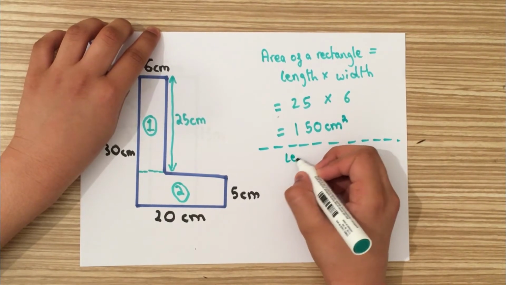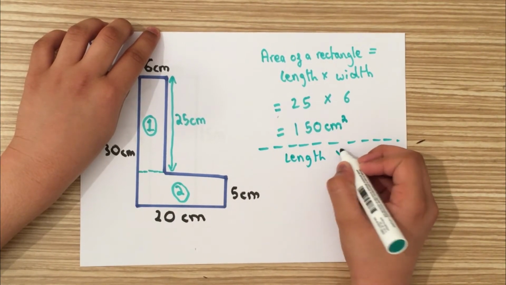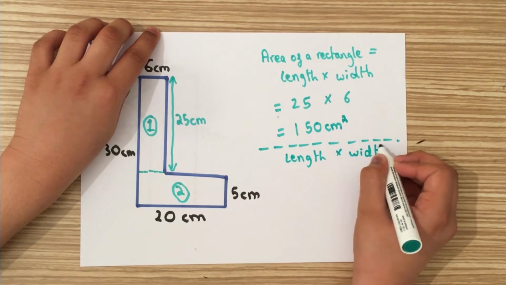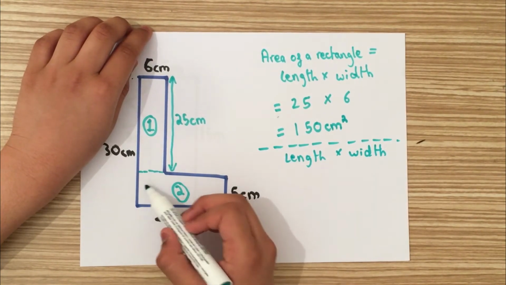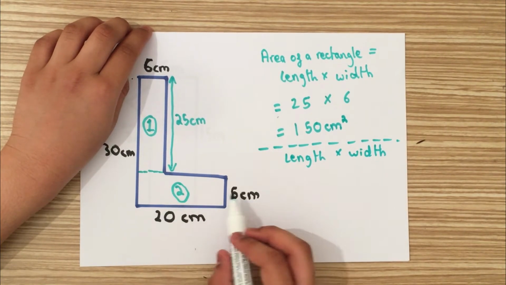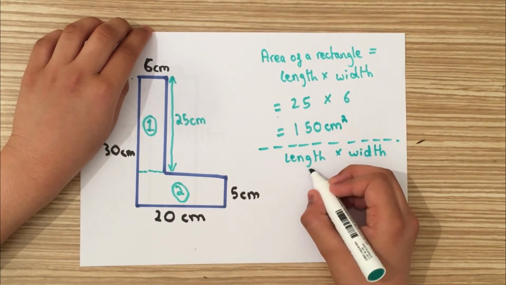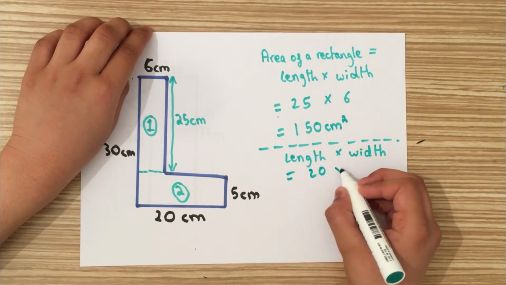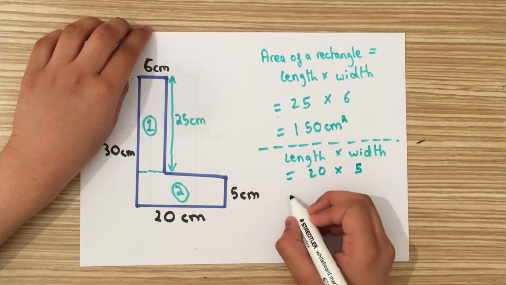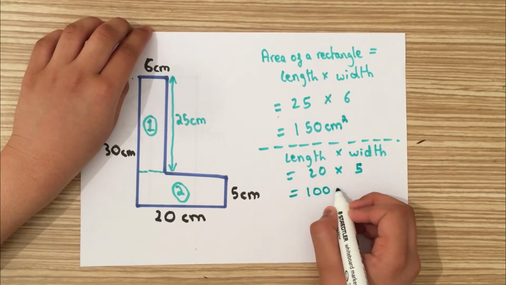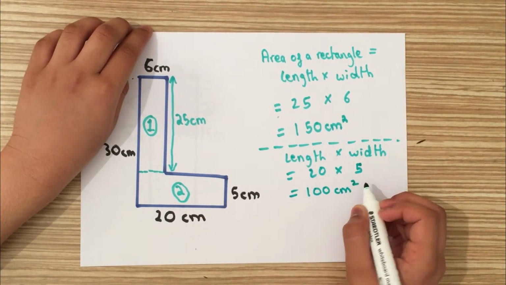Length times width again. Here we have 5 and 20. To find the area of this, we have to do length times width. So 20 times 5 is 100 centimeters squared.